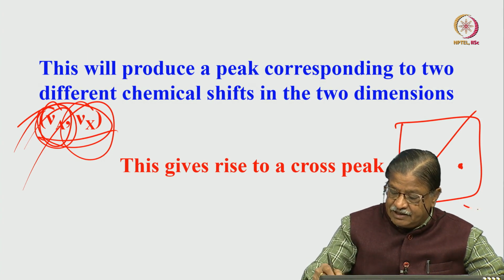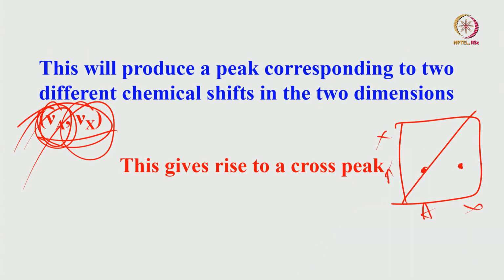Let us say this is A and this is X. So nu A gives a peak at its own frequency on the diagonal and also gives a frequency at X. Understand? It gives two different chemical shifts in two different dimensions. And this peak is called a cross peak. But one sitting on the diagonal is a diagonal peak, I told you already. This is a cross peak. So nu A gives a cross peak at the frequency nu A comma nu X.